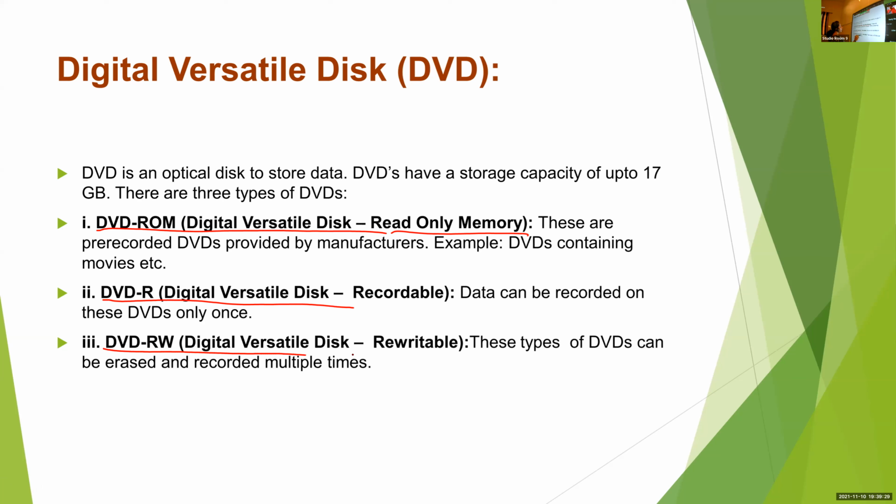And DVD-RW is digital versatile disk rewritable. The definition is same as that of CD types. DVD-ROMs are pre-recorded DVDs provided by manufacturers. In the case of DVD-R, data can be recorded only once. In the case of RW, we can erase and record multiple times.